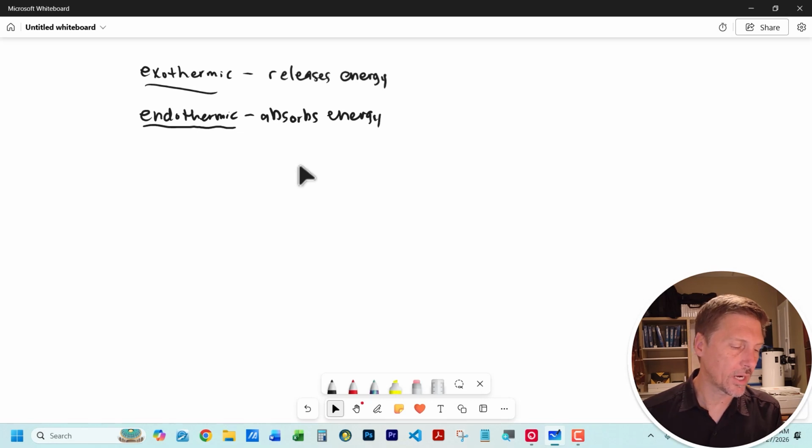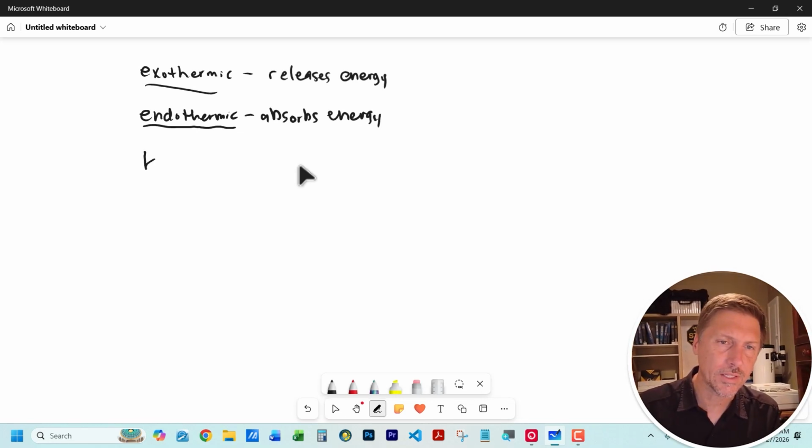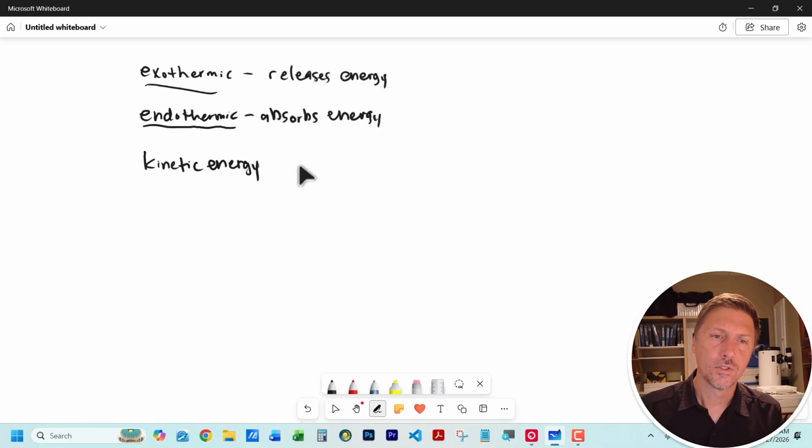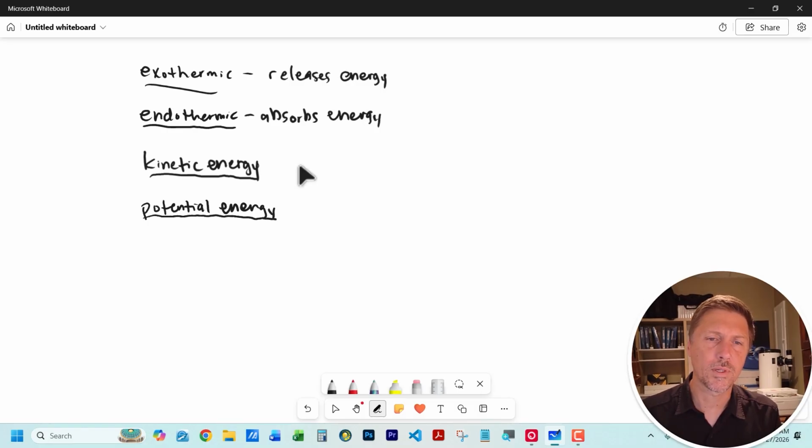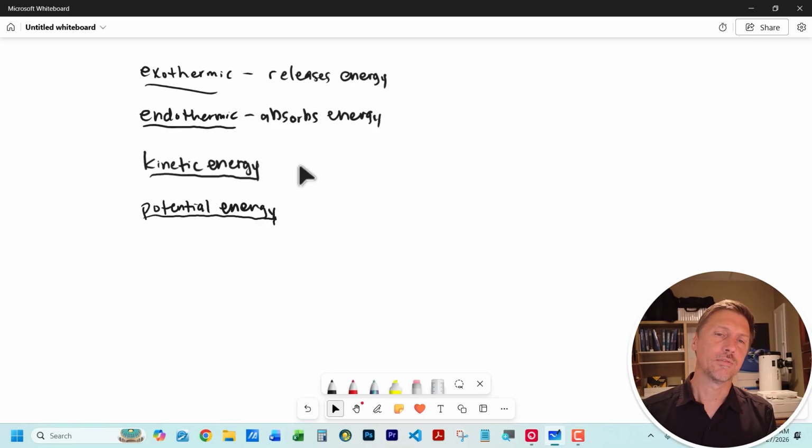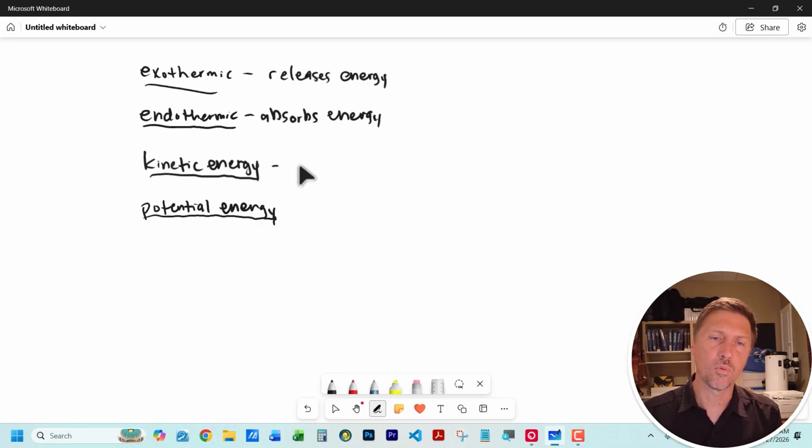So the last definition that I want to give you, again, is something that you've heard before. I know you've talked about this, at least in physical science: kinetic energy versus potential energy. And the words, especially the word potential, give us an easy way to remember which one is which.